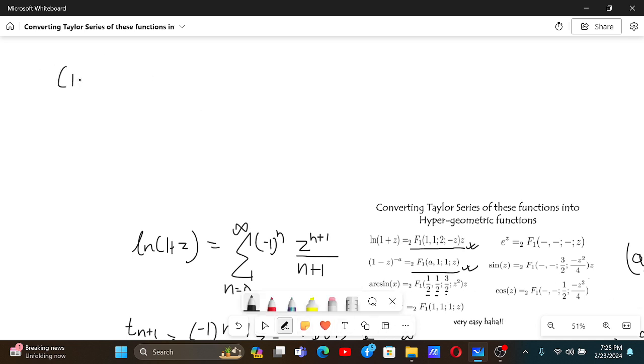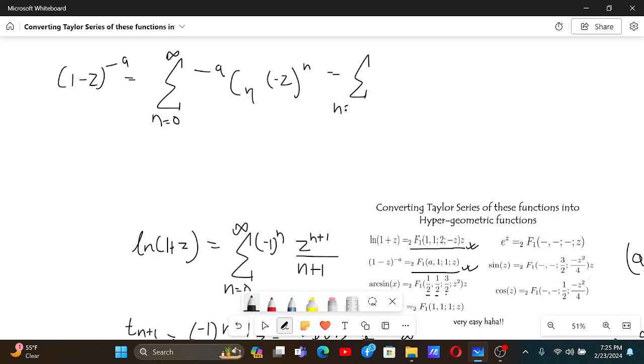For 1 minus z to the power minus a. First of all, let's find a Taylor series, and we can find that using the binomial expansion. This is basically the sum from n equals 0 to infinity of minus a choose n, minus z to the power n. And minus a choose n will be minus a, minus a minus 1, up to minus a minus n plus 1, by n factorial, minus 1 to the power n, z to the power n.